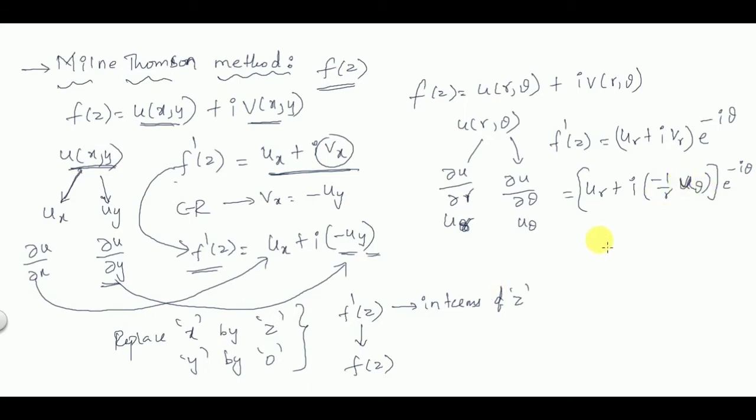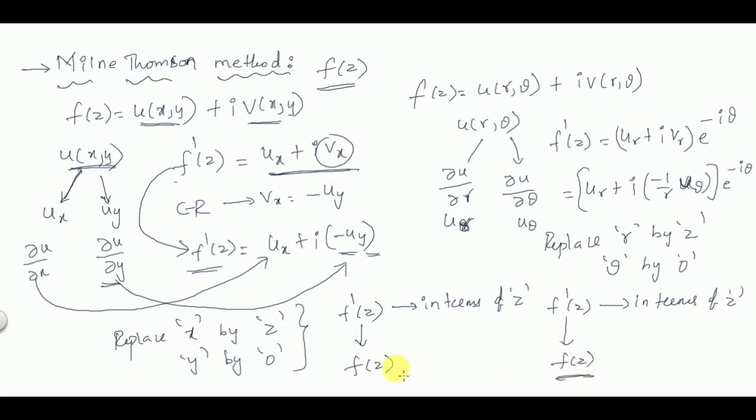At last, replace r by z and theta by 0, and you will get f dash of z in terms of z only. From f dash of z we can find f of z.